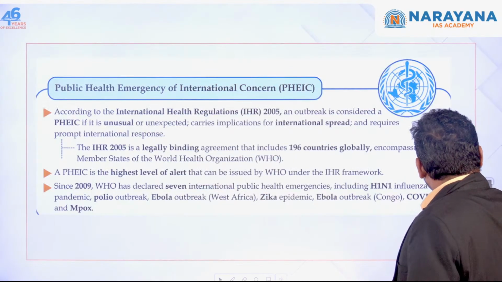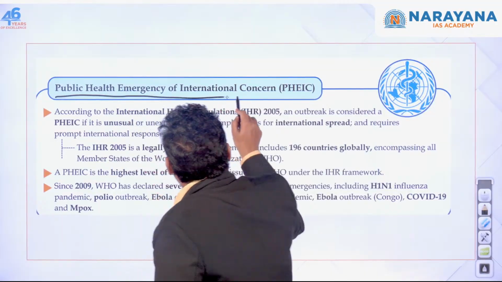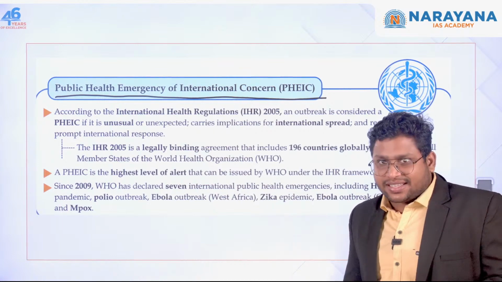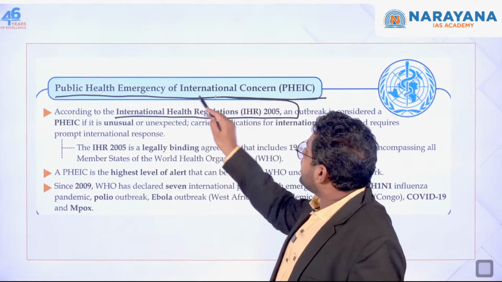Now, I said WHO has called monkeypox a public health emergency of international concern. So how is this happening exactly? We have the International Health Regulations brought in the year 2005.